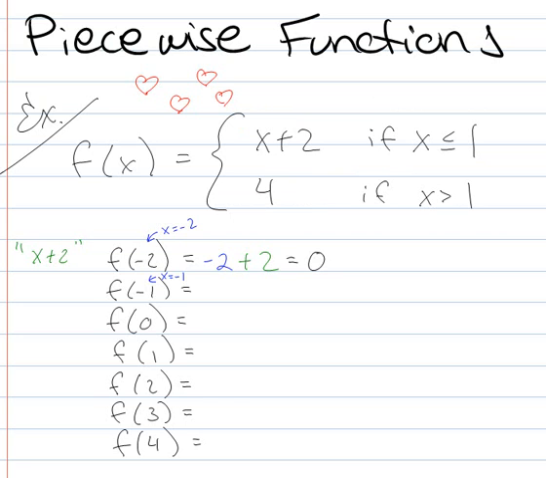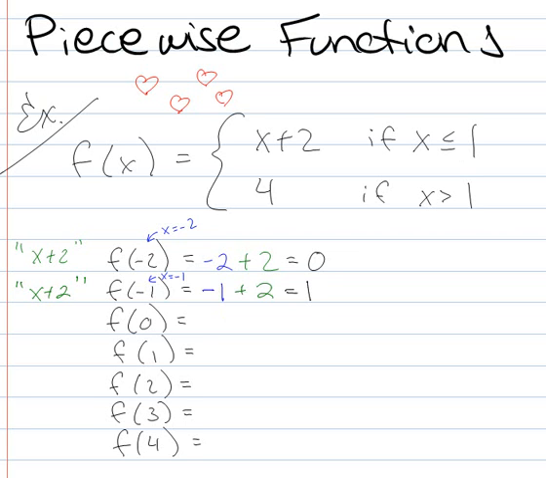That means I'm still using the x plus 2 option. So where x is equal to -1, I put a -1 plus 2. So that's going to equal 1.